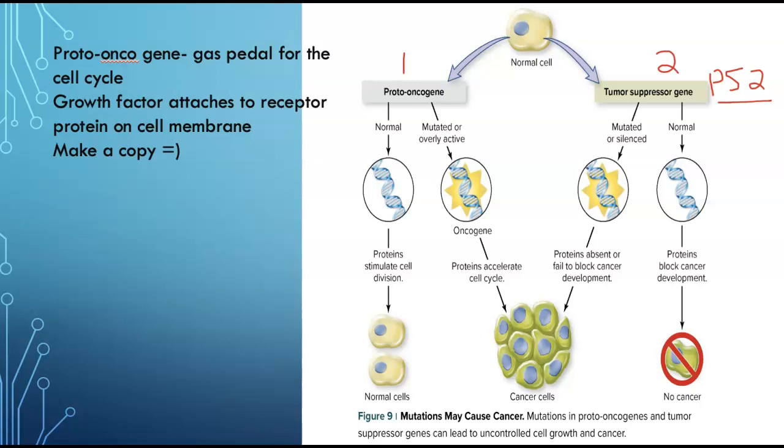But if that tumor suppressor gene is not working, it's faulty, it's not accurate. It's like having a security guard who's supposed to check things, but the security guard's asleep, so stuff goes through that shouldn't go through.